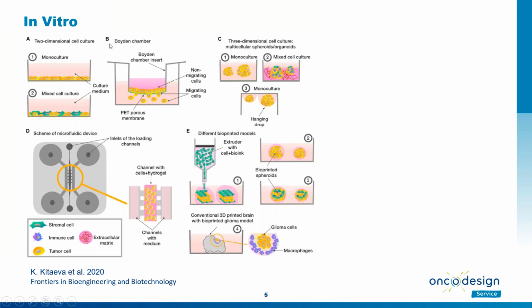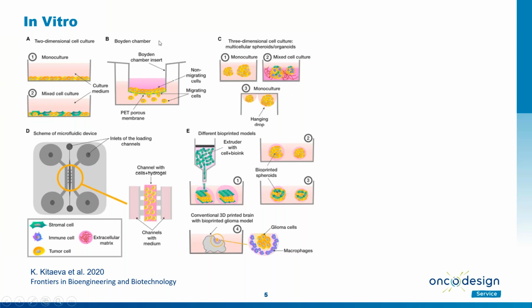However, we all know that two-dimensional culture is far from disease modeling, so it has evolved to three-dimensional cell culture, so spheroids, or even better, more improved systems such as organoids, which are directly derived from patient material.